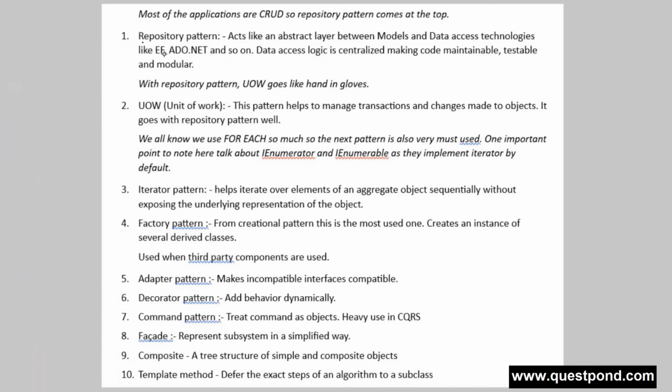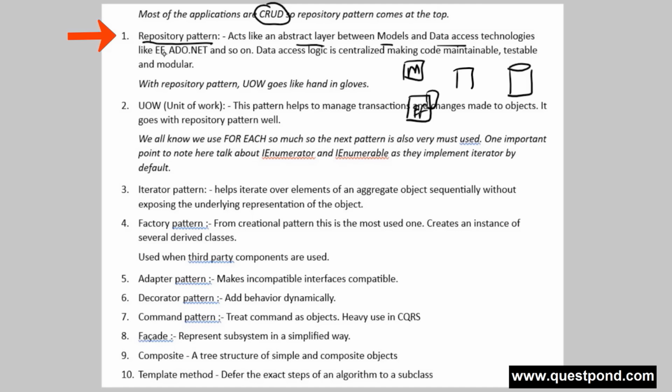So the first pattern which comes to my mind is repository pattern. Why repository pattern? Because most of the applications we see around are CRUD applications. That means interacting with a database, insert, update, and delete, and so on, right? So this repository pattern actually acts like an abstract layer between the model and the data access technology. So you have a model which has the business logic, and then you have data access technology like Entity Framework or ADO.NET or whatever.